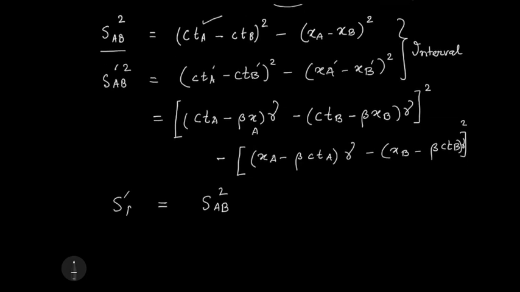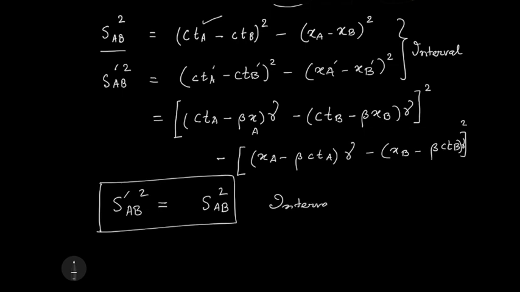Or, on the other hand, the interval as measured in the two reference frames is the same. If something remains the same, if it doesn't change between reference frames, we call it invariant. So invariant is a word for remains same.